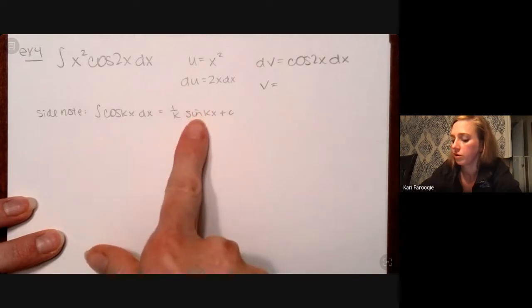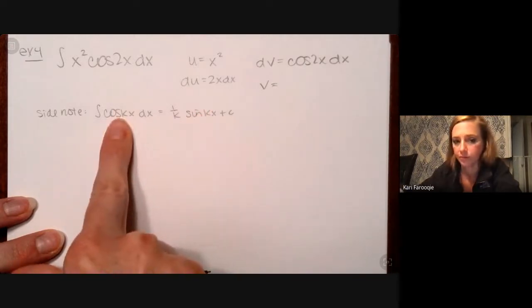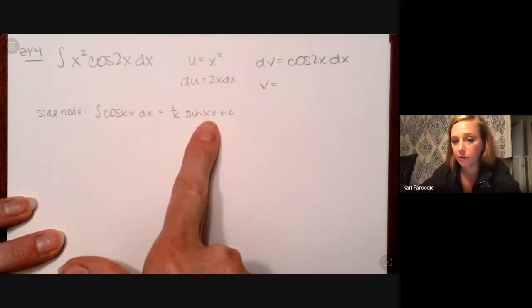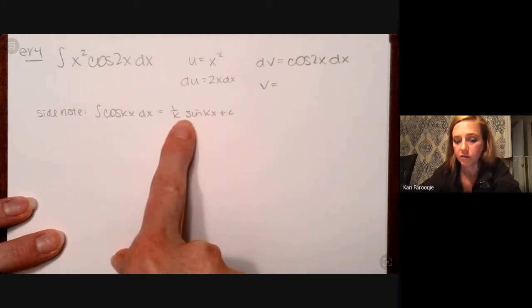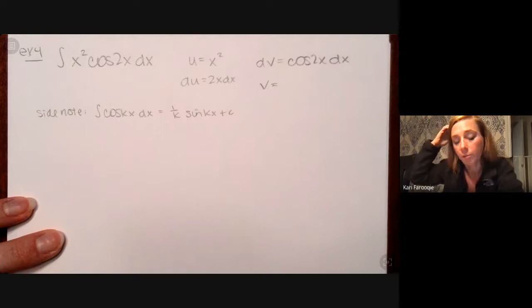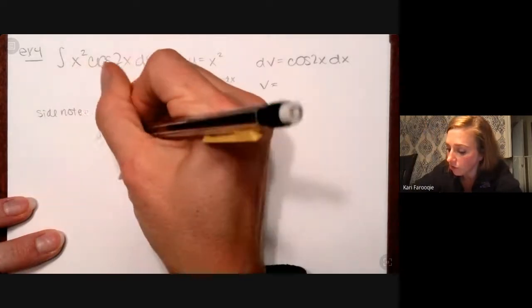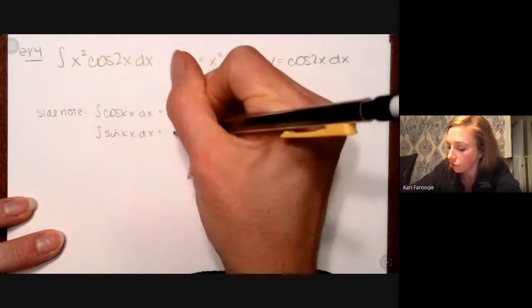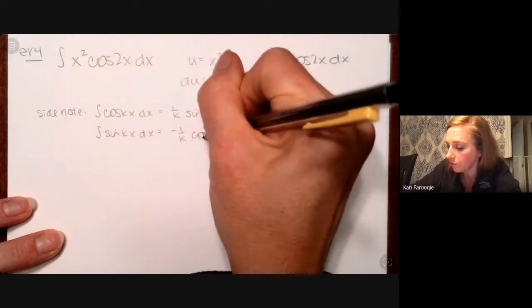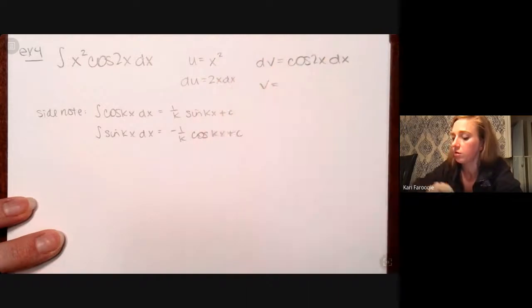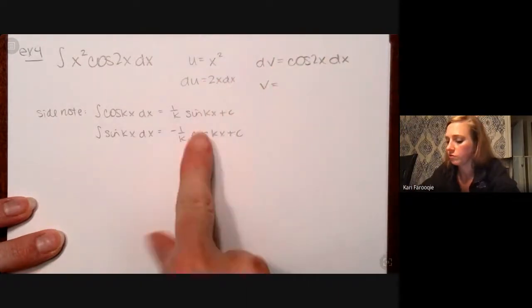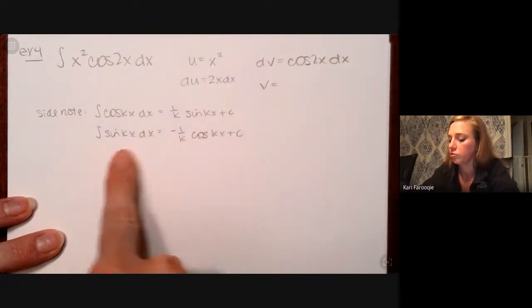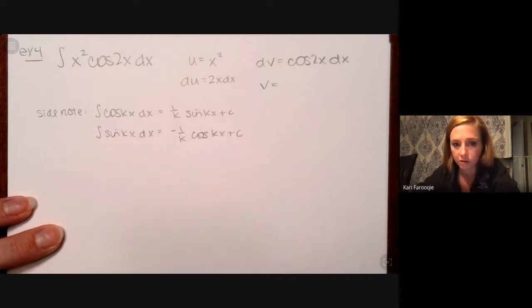The derivative of sine is cosine. But you're just taking whatever that constant multiple is in front of the x and dividing by that in front of the function. And this works the same if you're dealing with sine. This will just be negative 1 over k cosine kx plus c. The derivative of cosine is negative sine, so the derivative of negative cosine is positive sine.